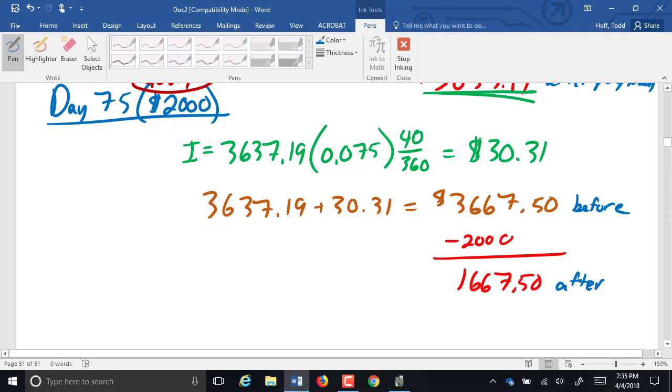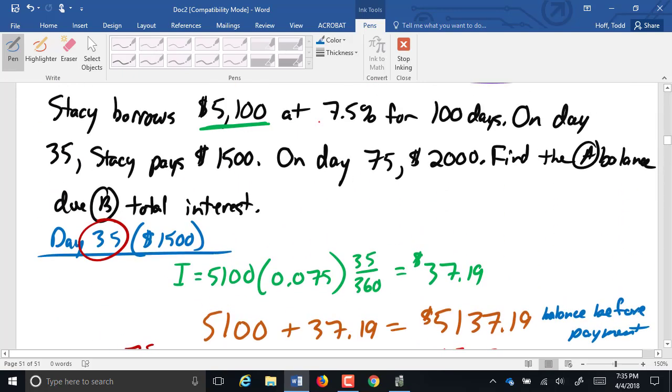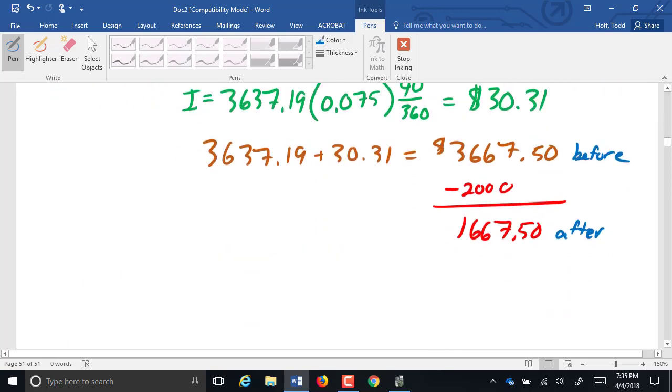So then we go to the end of the loan, which is day 100. The next action, right? On day 100, that is maturity, end of the loan.